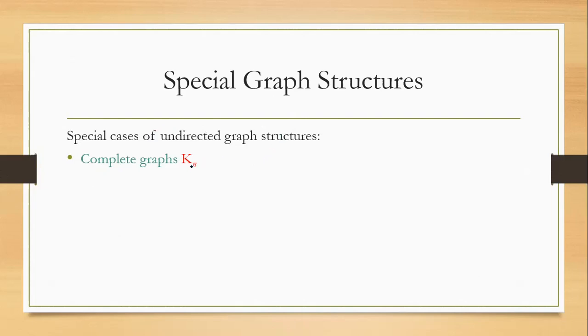Here it is a simple graph that contains exactly one edge between each pair of distinct vertices. If you are taking a complete graph with 4 vertices, then every vertex is connected to every other vertex. So this is a complete graph with 4 vertices.